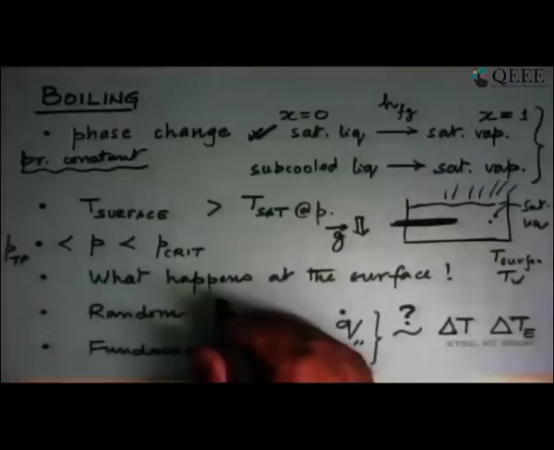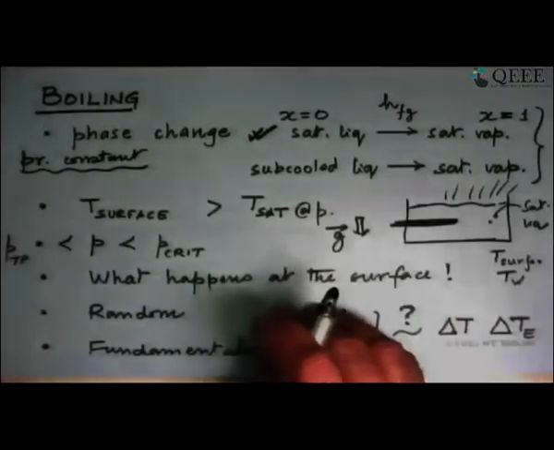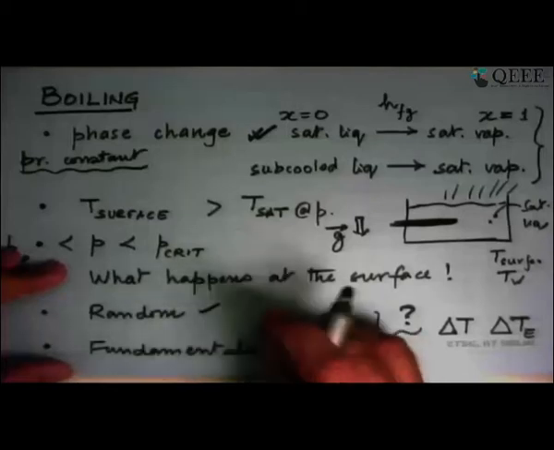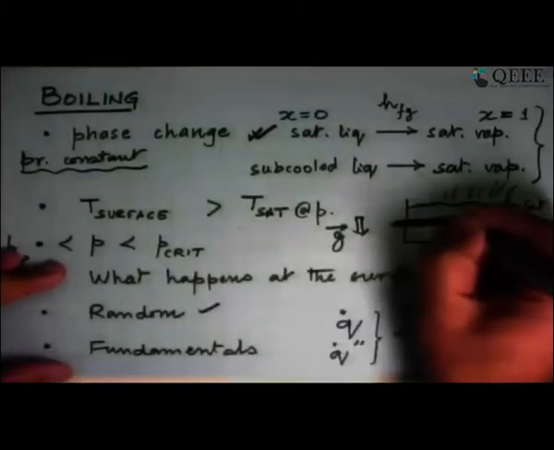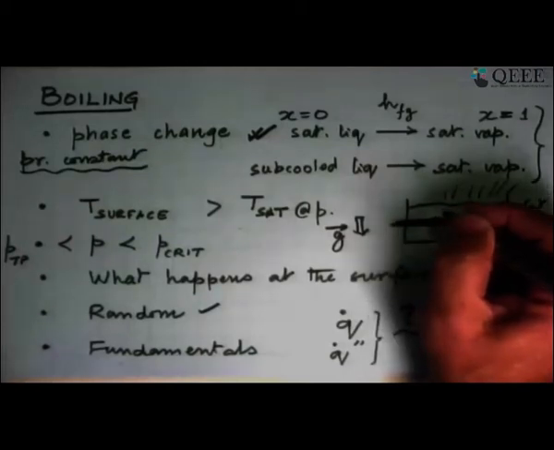What that process does is that essentially it forms vapor bubbles at the surface, or the fluid got heated at the surface, something happened there, and it went up. When it went out, it left the surface, and a new bubble formed. That put in 1 degree of randomness, that at any point on the surface, with time, sometimes there is liquid, sometimes there is vapor, sometimes there is a bubble.